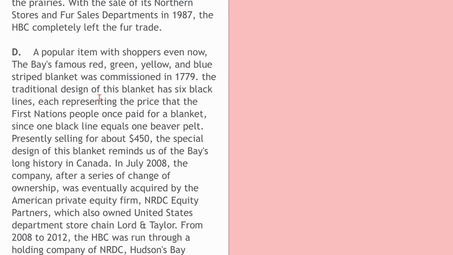The traditional design of this blanket has 6 black lines, each representing the price that the First Nations people once paid for a blanket, since 1 black line equals 1 beaver pelt. 6 beaver pelts for 1 blanket. That sounds very expensive. Presently selling for about $450, the special design of this blanket reminds us of the Bay's long history in Canada.